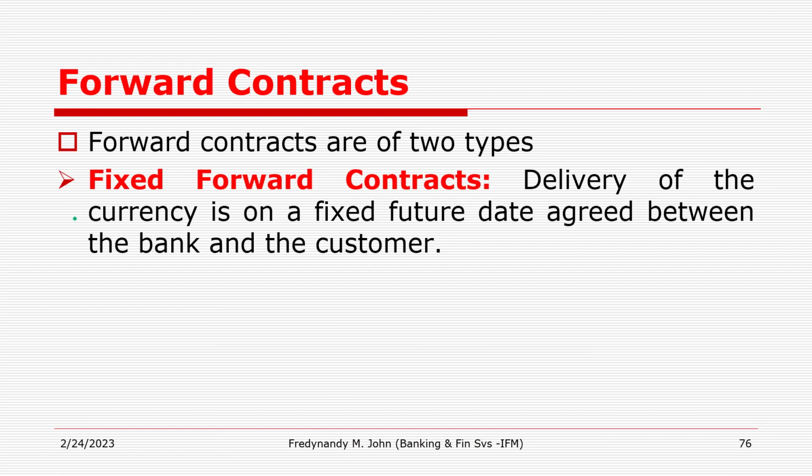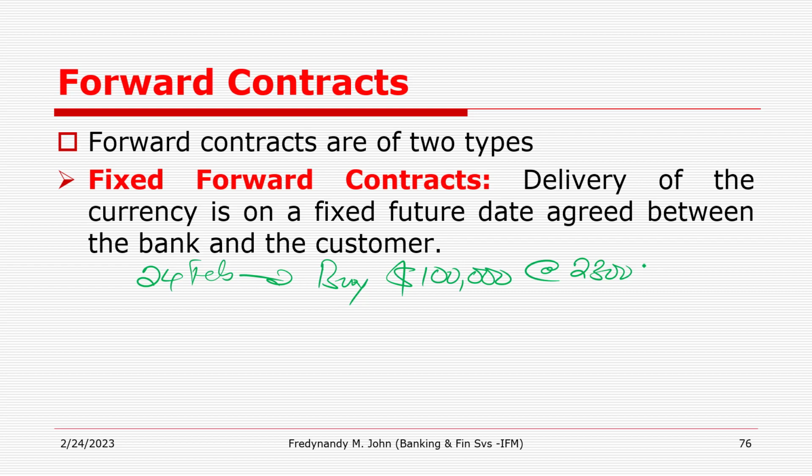For example, today, which is 24th February, you agreed with a bank, that is, as a customer, you will buy, let's say, 100,000 USD at a price of 2,300 Tanzanian shillings per each USD.